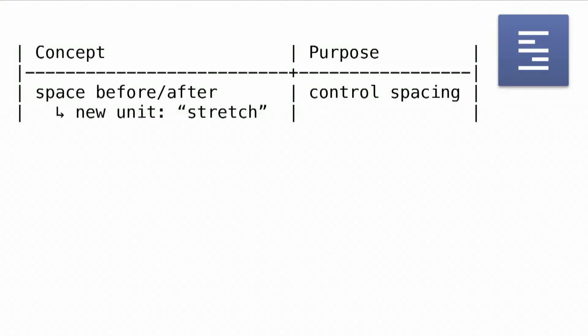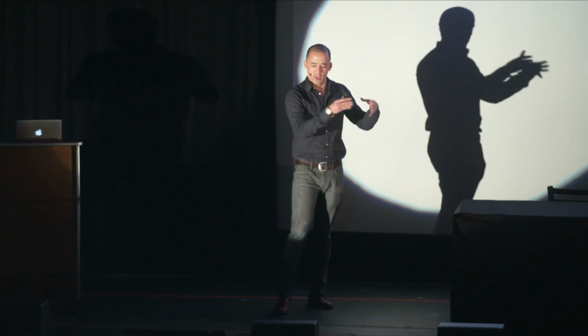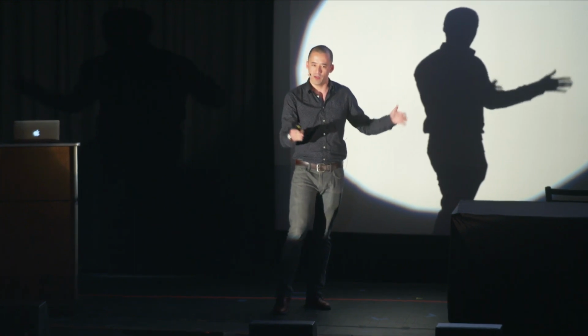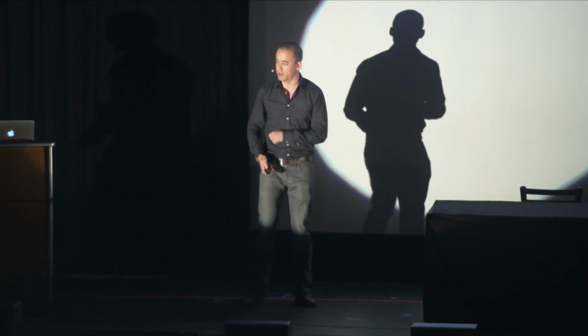So we decided to introduce this new unit called stretch. The idea of that unit is you can use it to distribute any leftover space along a certain axis. So if you wanted to center something, you could say, I want one stretch before and one stretch after, and then the layout engine will be like, okay, here's the size of the child, and here's the size of the parent, and here's this leftover space, so I'll put equal amounts before and after, and now your thing is centered.